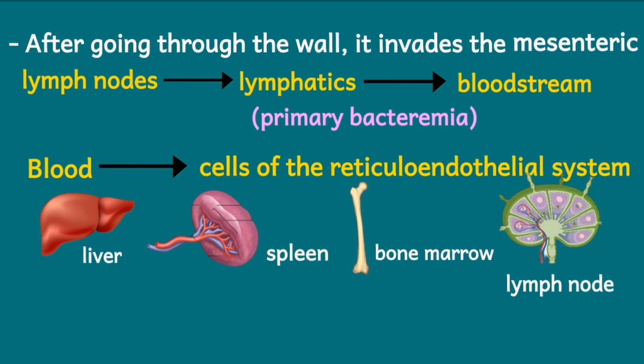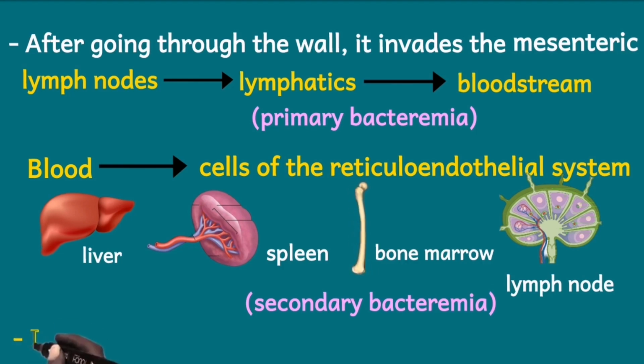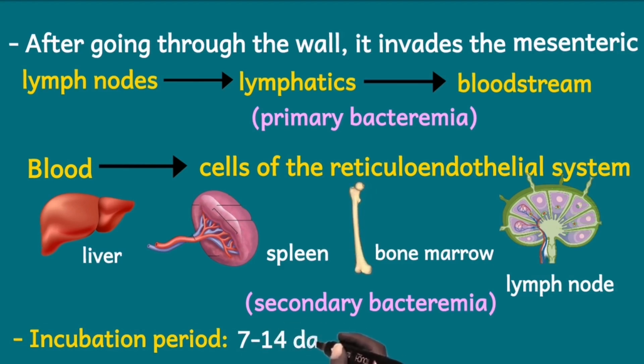Now, the second time they find themselves in the blood after they've multiplied in the macrophages is called secondary bacteremia, and it is at this point that the symptoms and signs develop classically, and so mark the end of the incubation period. The typical incubation period for enteric fever is 7 to 14 days, although some books have documented 10 to 14 days.